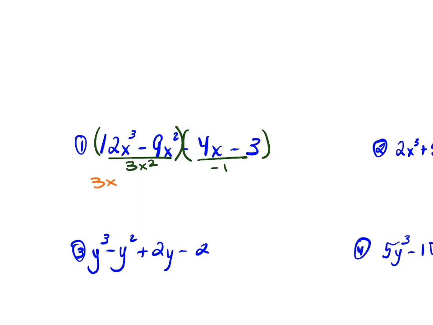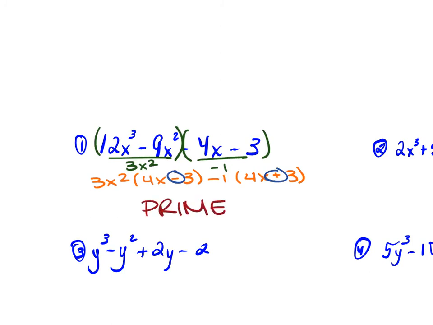So that's going to give us 3x squared times 4x minus 3 minus 1 times 4x plus 3. Because our two signs are not the same here, this is prime. Whenever you get something that you cannot factor out completely, or you can't factor at all, it's prime.